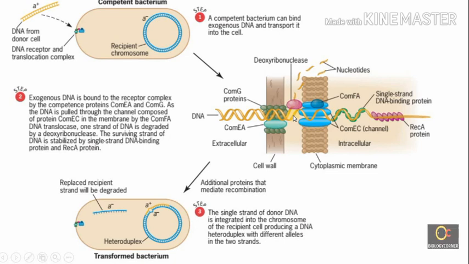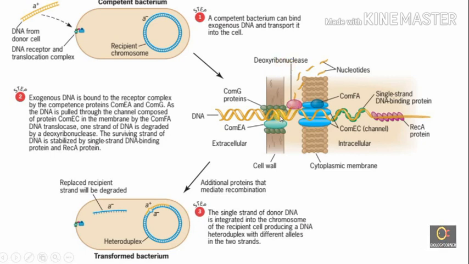Another protein, ComEC protein, competence EC protein, acts as a channel protein through which this DNA will pass the cell membrane and enter the cytoplasm of the bacteria. But along with competence EC protein, there is another protein called deoxyribonuclease.